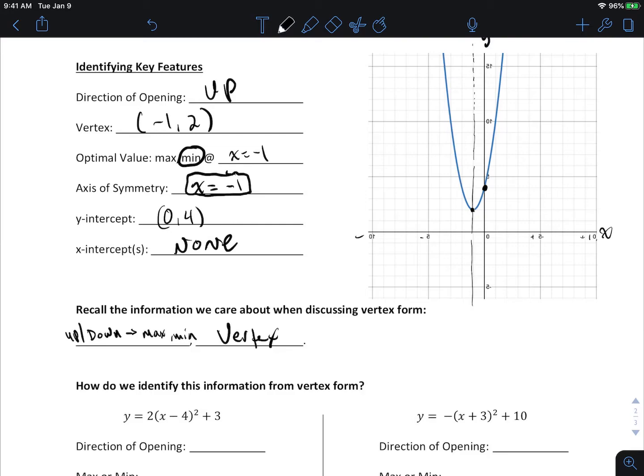So we've got 3 concepts left, right? The first one's imperative to understand what we're trying to do. We need to understand that I'm interested in whether the parabola is opening up or down, and whether I'm going to have a maximum or minimum value as a result. The second process is how do we get there?